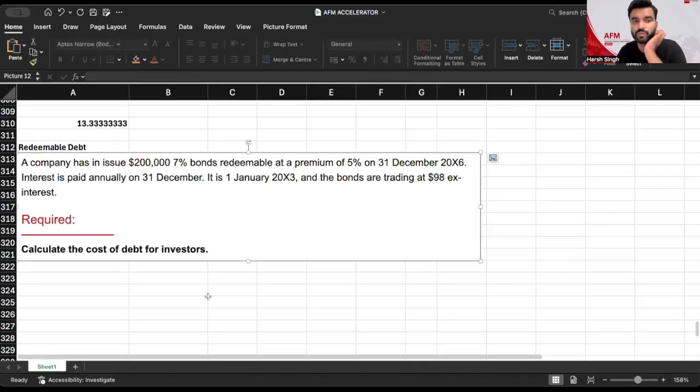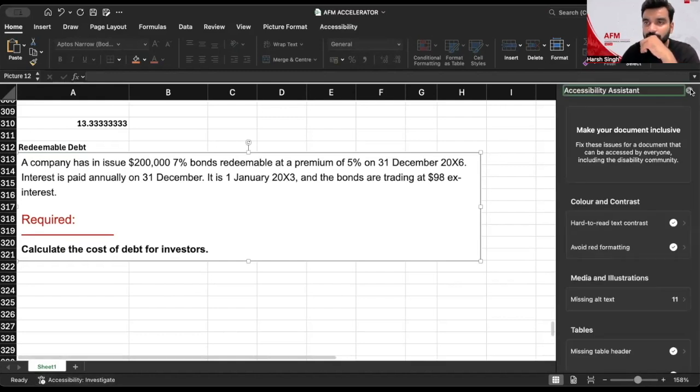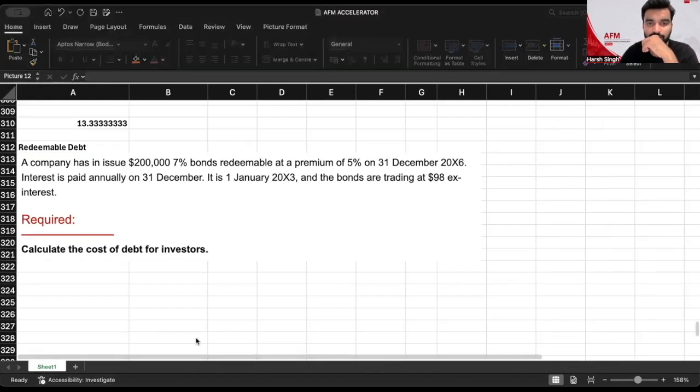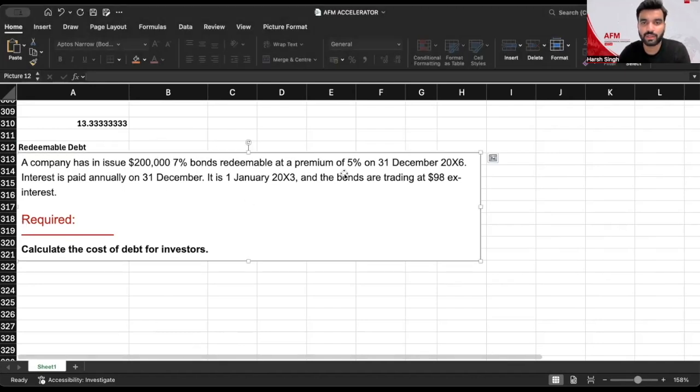The company has issued 200,000 7% bonds, redeemable at a premium of 5% on 31st December 20x6. Interest is paid annually. It is January 1st 20x3. So for how many years is it? Today is first Jan 20x3, then x4, x5, x6, so 4 years.